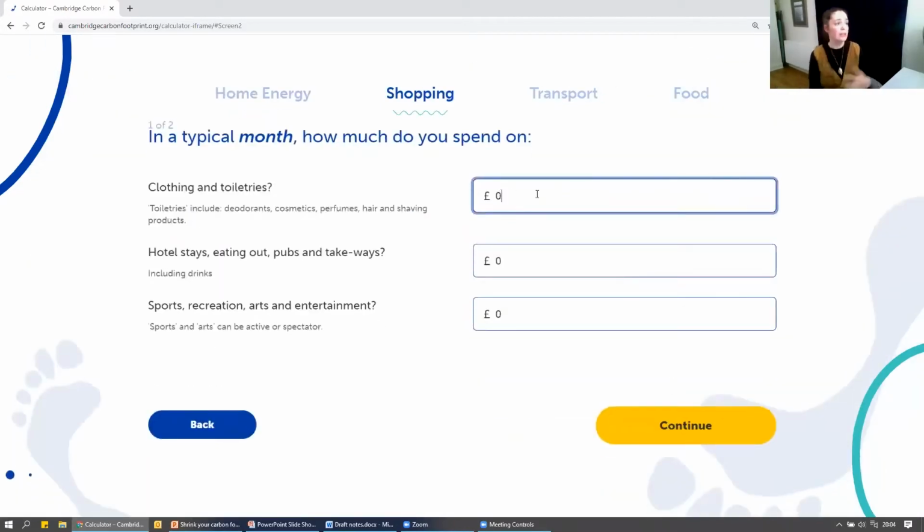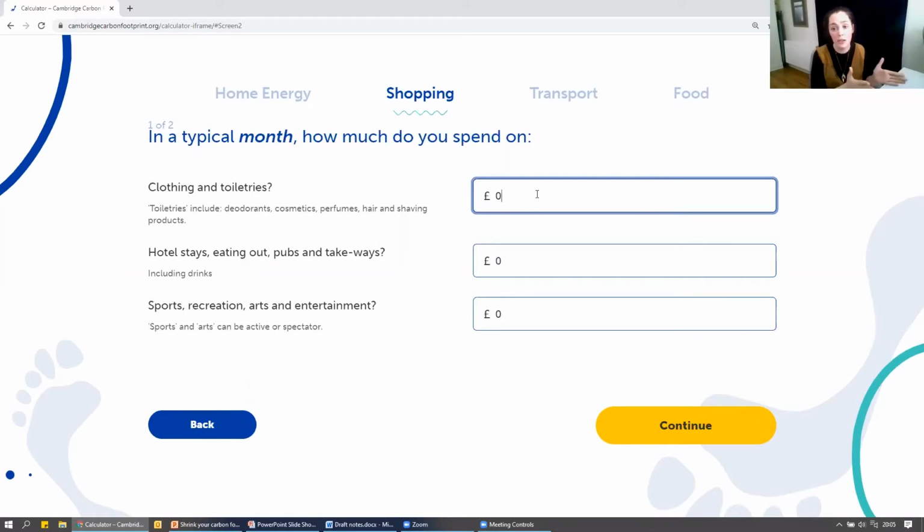Now we're getting to shopping and transport, and you have some choices to make here. You can choose how you fill in the calculator. You can either, as I said before, go and get your bills, and look at your bank statement, for example, for the last 12 months, and look at all of the purchases and make a calculation near exactly on how much you've spent on all of these different things.